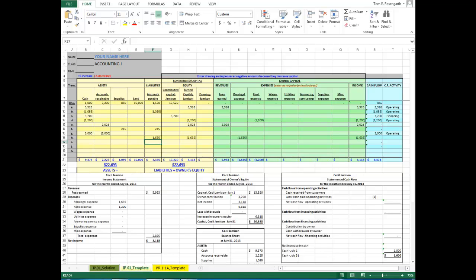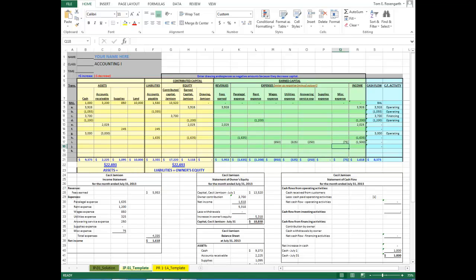The remaining three transactions. In transaction I, Cecil Jameson paid wages expenses of $850, utilities expense of $325, answering service expense of $250, and miscellaneous expense of $75. The total of all those expenses amounts to $1,500.